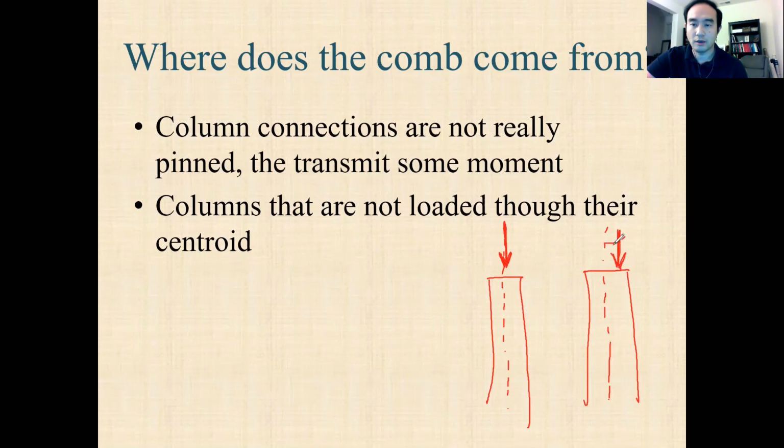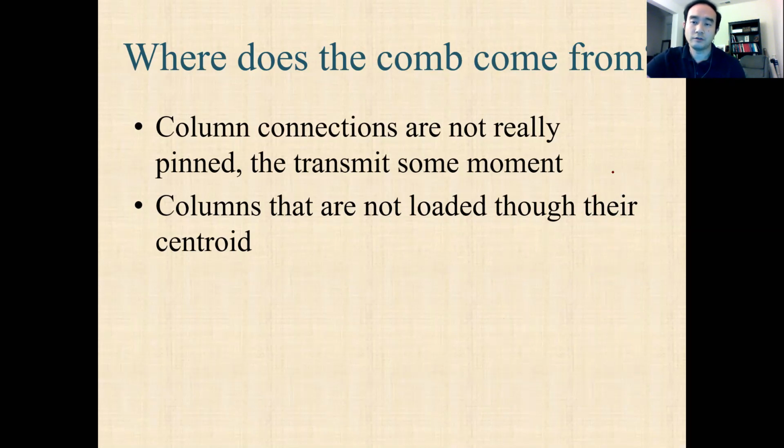That means we do have an eccentricity that will create a moment, right? The moment is force times this moment arm, which is this eccentricity. So this will create a moment on the column.